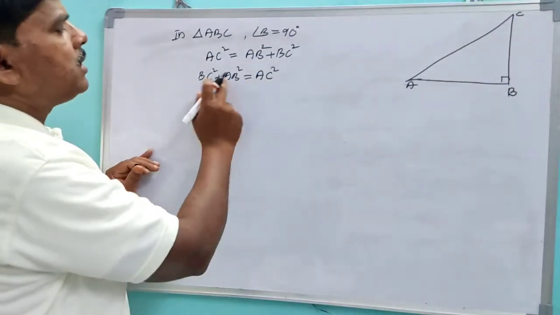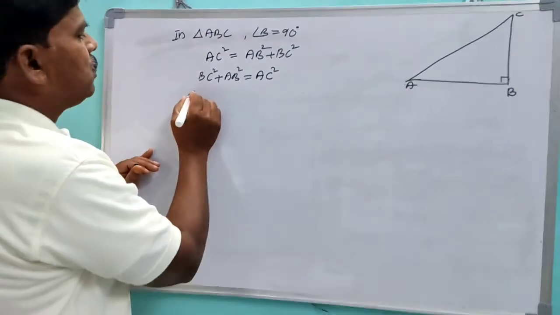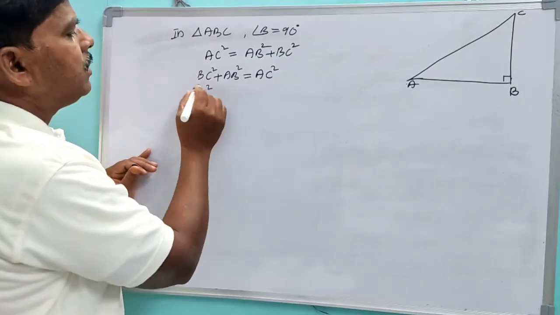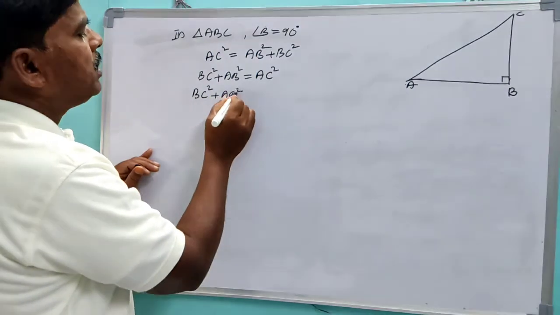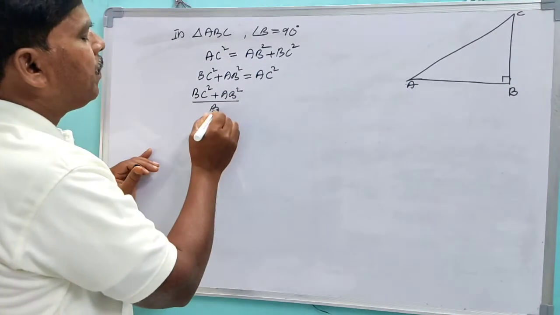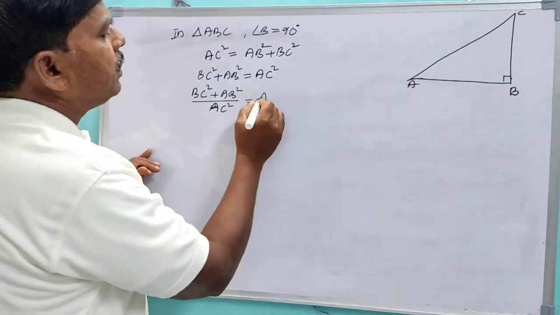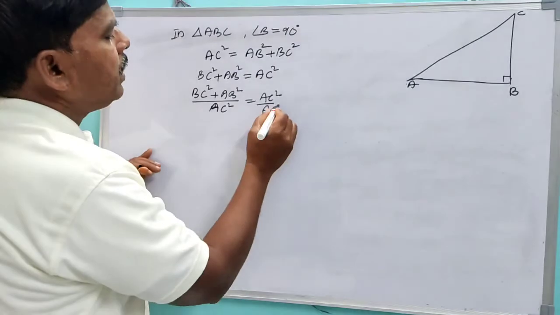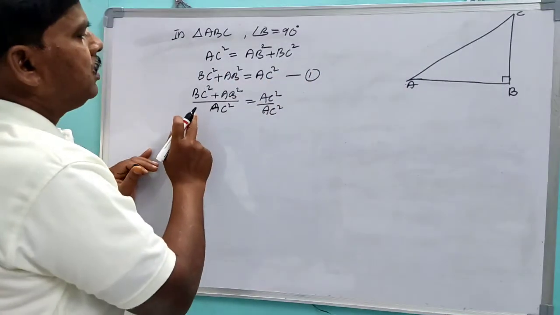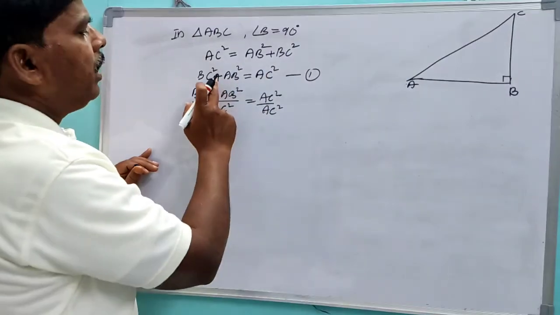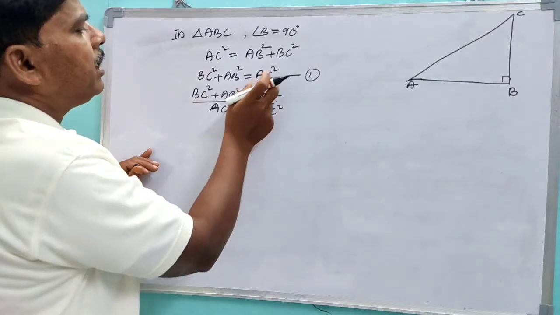So the square of the hypotenuse is equal to the sum of the squares of the other two sides. Let it be equation 1. Now divide this equation by AC square on both sides, so BC square plus AB square by AC square, and this is AC square by AC square.